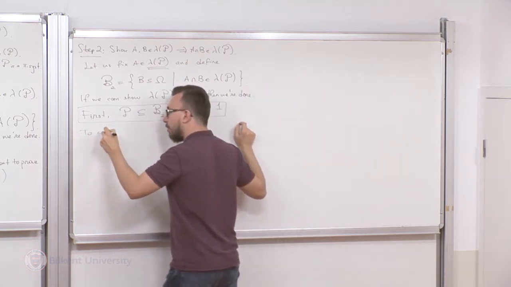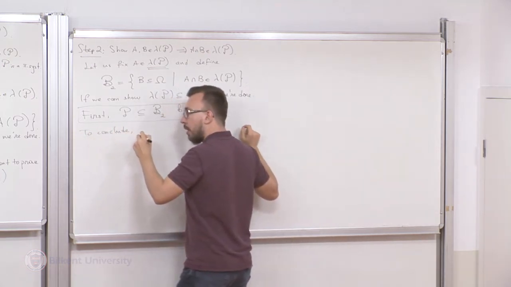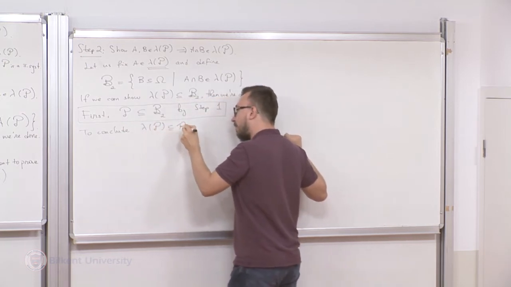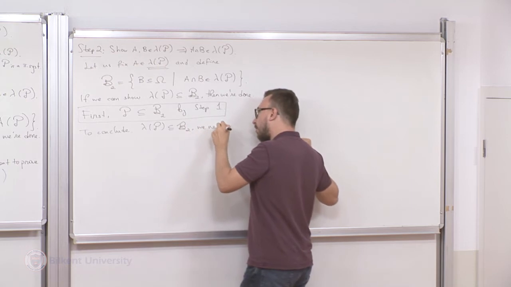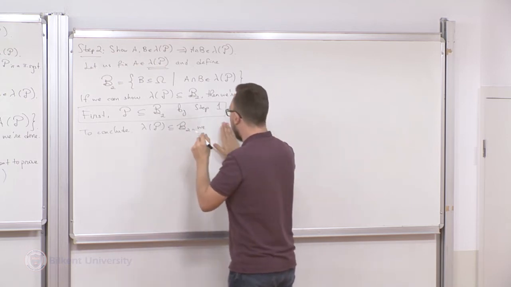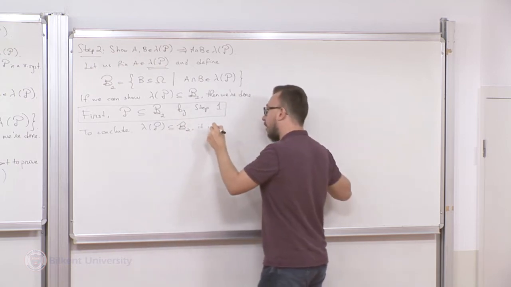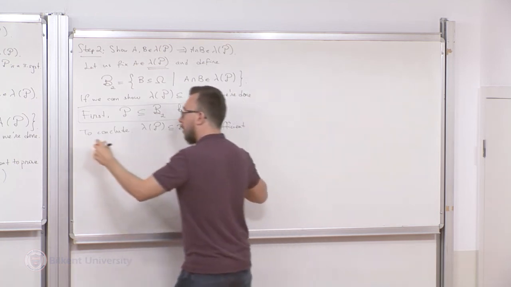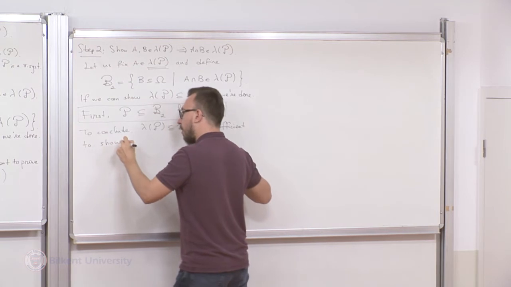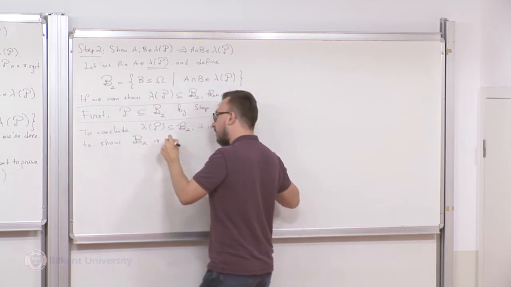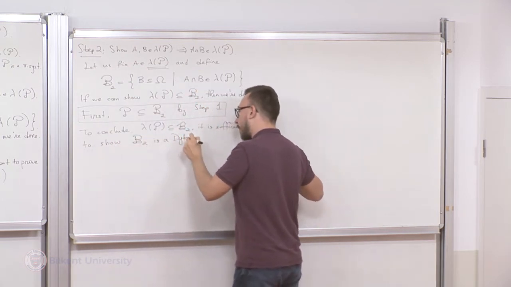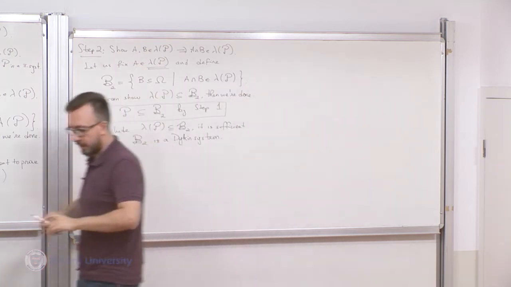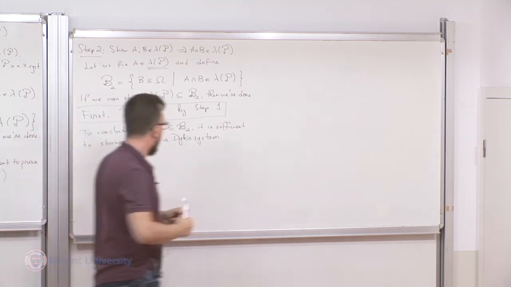Well, to conclude that lambda P is a subcollection of B2, it is sufficient to show that B2 is a Dynkin system. And again, this is left as an exercise. And we're done with the proof.